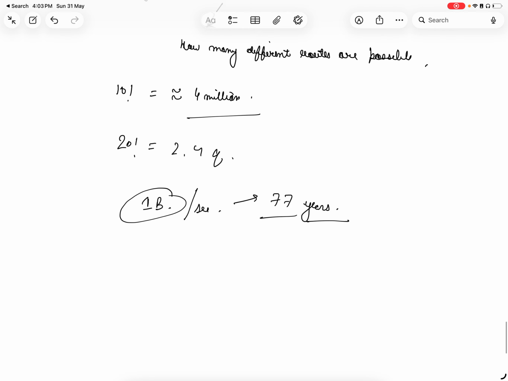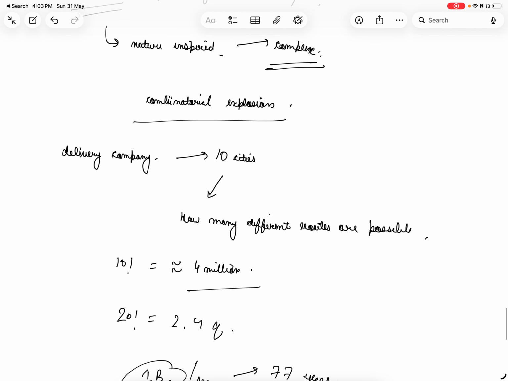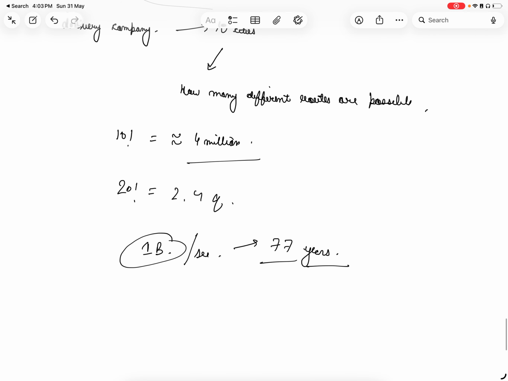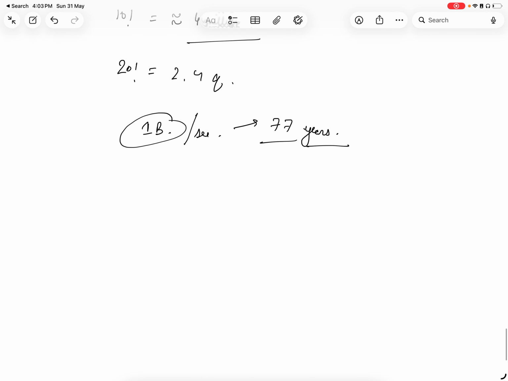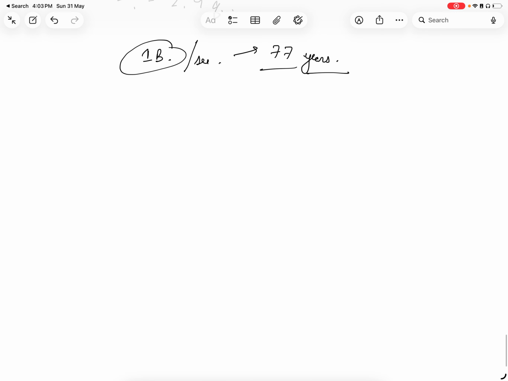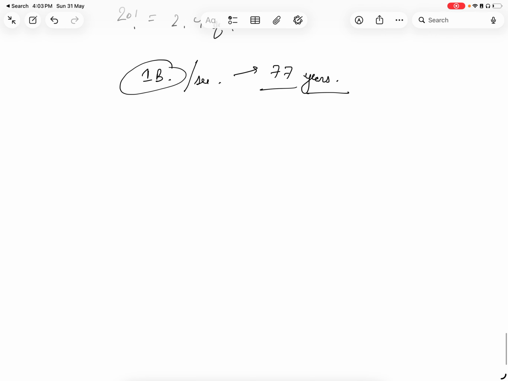This is known as the combinatorial explosion. So as the problem becomes bigger, the number of possible solutions grows faster than any computer can handle.